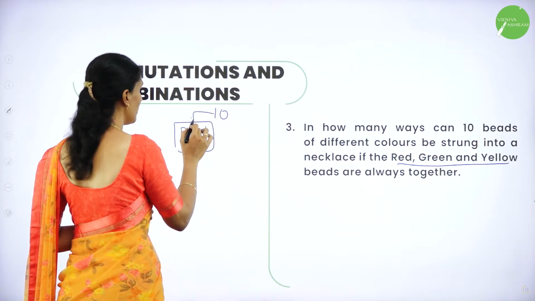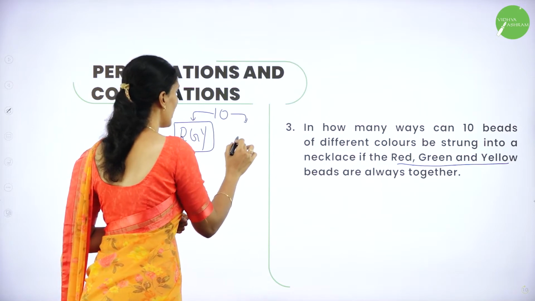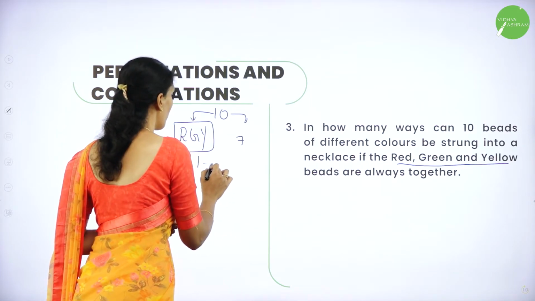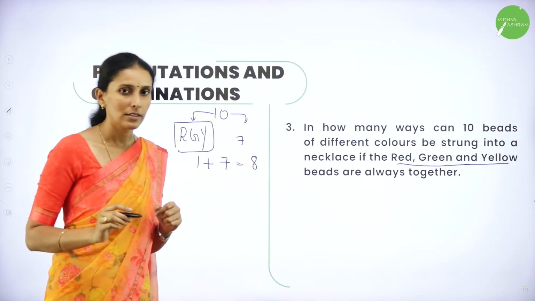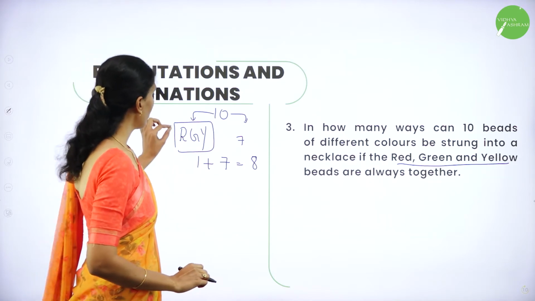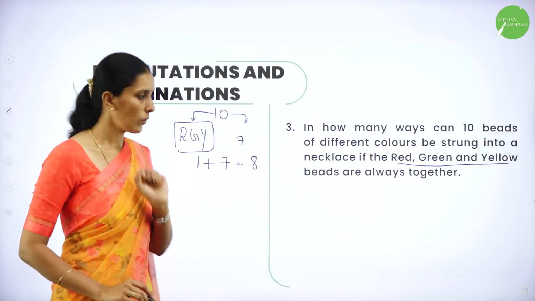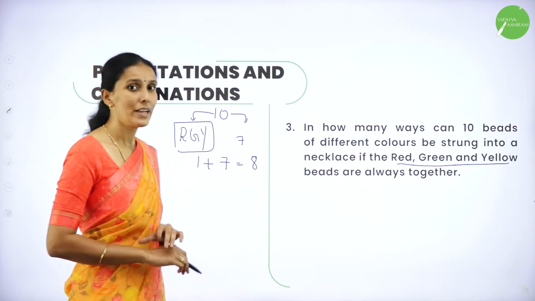Out of 10, 3 beads are together, so the remaining are 7. Now how many units should you consider? 8 units. So consider it as 8 beads now: red, green and yellow as one unit, and the other 7 beads as separate units.